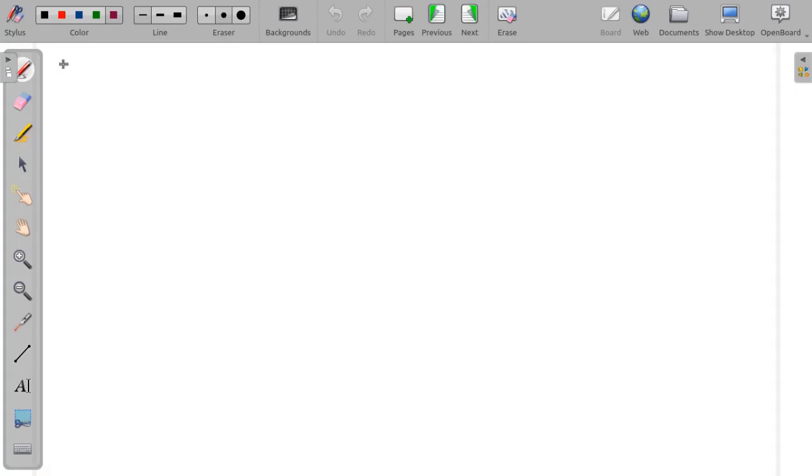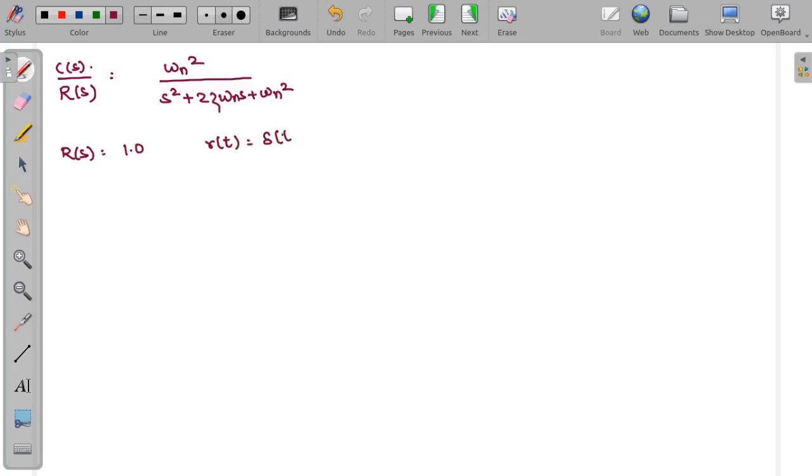We have just seen that C(s) by R(s) for a second order transfer function is omega n square divided by s square plus 2 zeta omega n s plus omega n square. Here R(s) is equal to 1, because R(t) is delta(t).